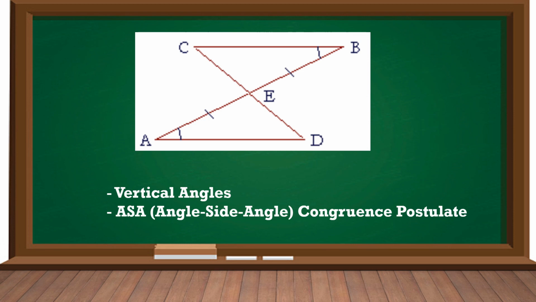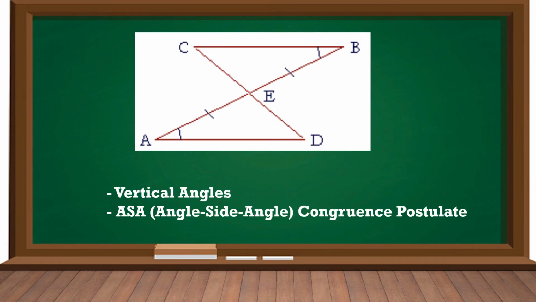So we can say that angle CEB and angle AED are congruent angles according to the vertical angle theorem. Remember that the vertical angle theorem says vertical angles are congruent.